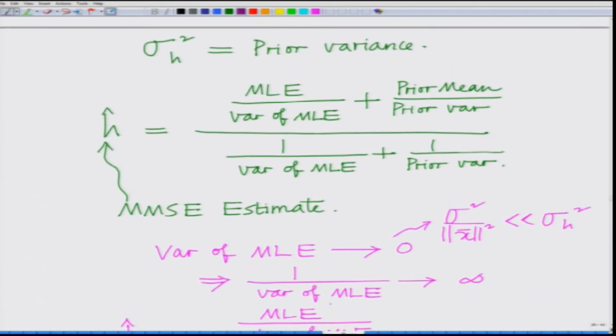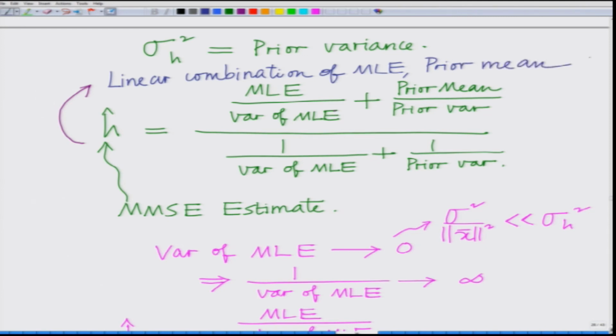So, let me also write that down: linear combination of MLE and prior mean in inverse ratio of their variances. Okay. So, this is an important principle to keep in mind.